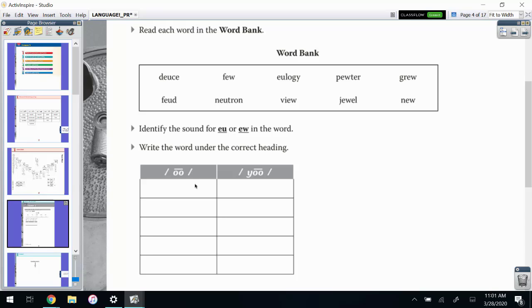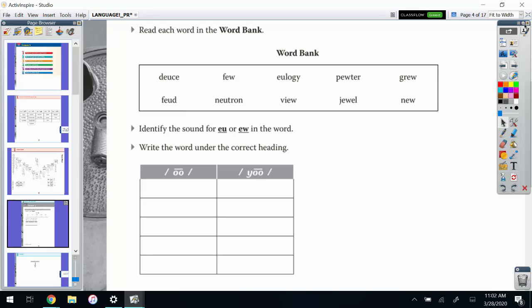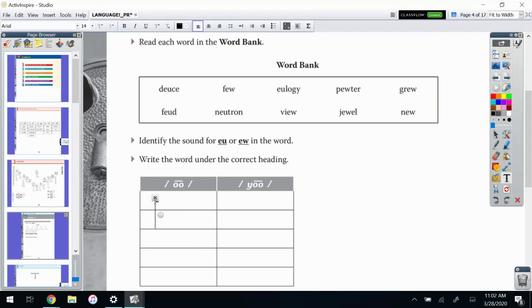You need to decide if they sound like ooh or you. For example, let's start with the word deuce. Do you hear ooh or you? If you said ooh, you were correct. And you would type it or write it in that column.